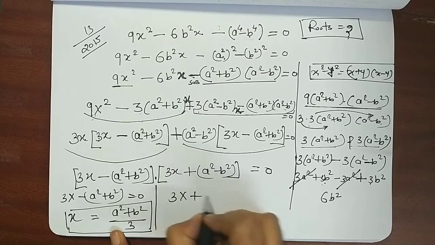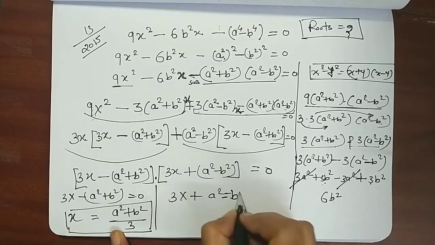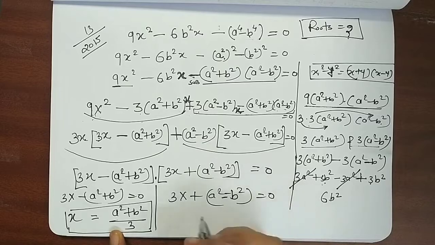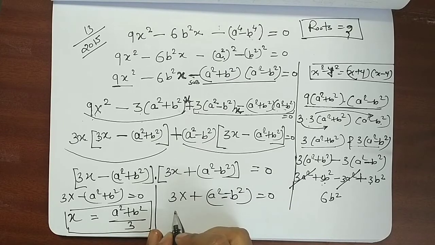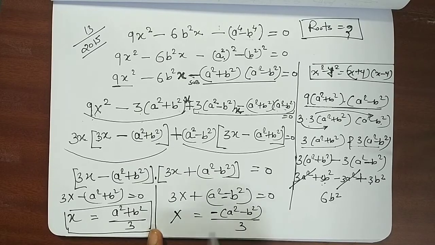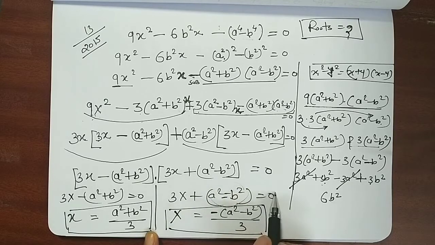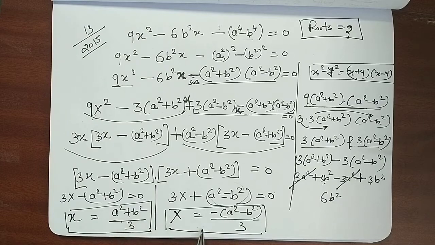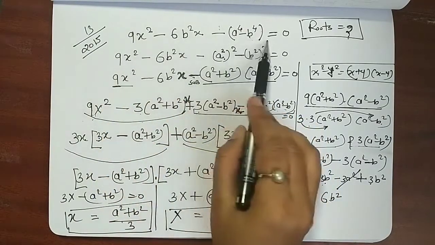Now 3x plus a square minus b square is 0. So can I write x is equal to a square minus b square with minus sign divided by 3. This is my second root, because this went the other side and divided by 3. So I got these two roots for this question.